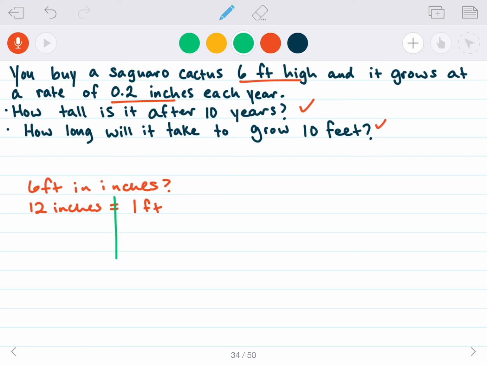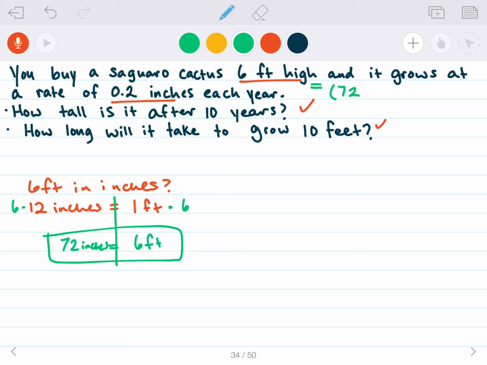So if we want 6 feet, if we multiply both sides by 6, we get this new equality: 6 feet is equal to 6 times 12, which is 72 inches. You always want to be in the same units when you're doing problems like this. So this is secretly 72 inches.